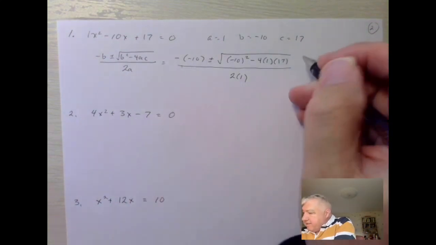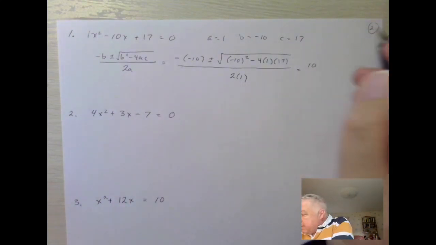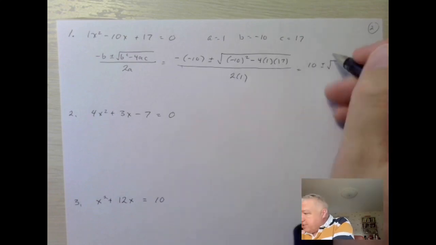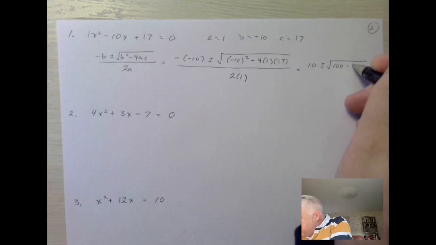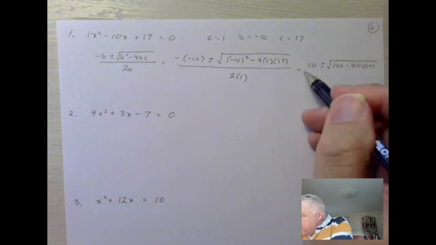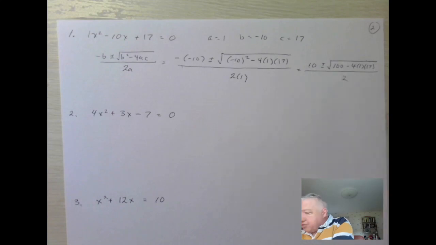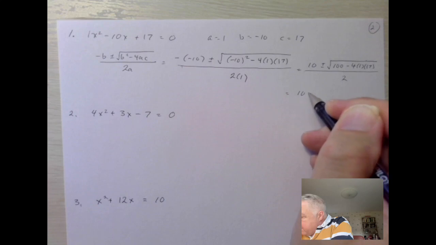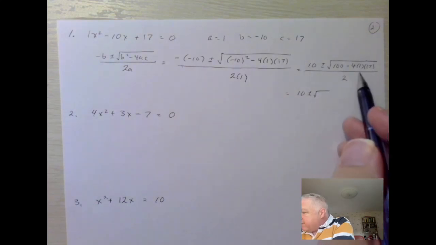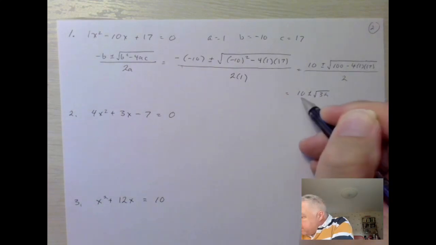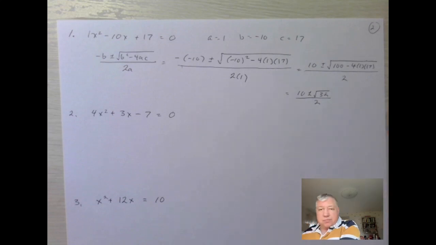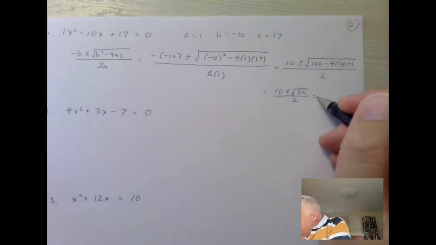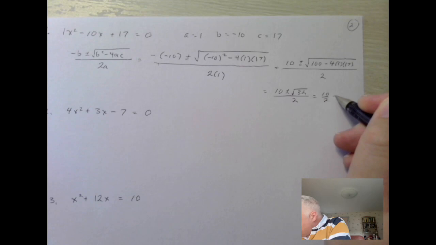Negative negative 10 is positive 10. This is plus or minus. Negative 10 squared is 100, minus 4 times 1 times 17, all over 2 times 1, which is 2. This becomes 10 plus or minus the square root of 32 over 2, and this becomes 10 over 2 plus or minus.